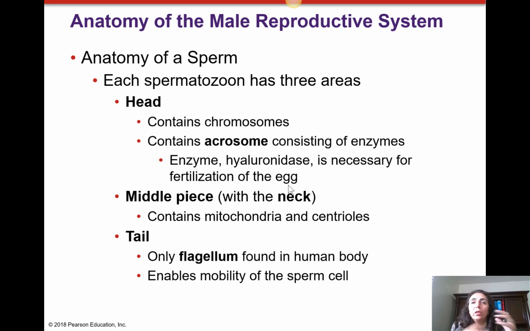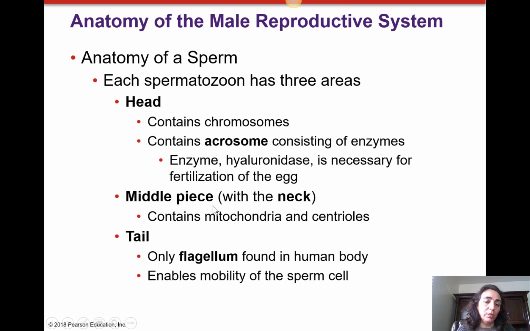Then the other reactions happen after that, and finally the chromosomes of the sperm can be combined with the chromosomes of the ovocyte. So that's the function of the acrosome, and as you see, it's vital for the sperm so that it can do the final job of penetrating into the oocyte and combining its chromosomes with the chromosomes of the oocyte.